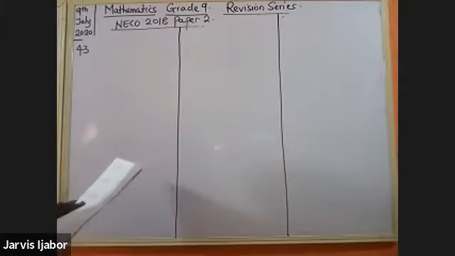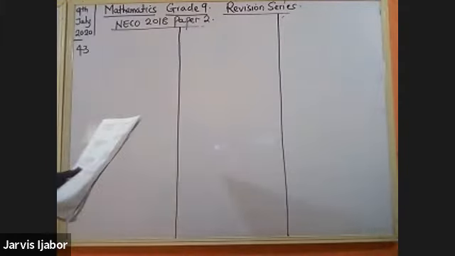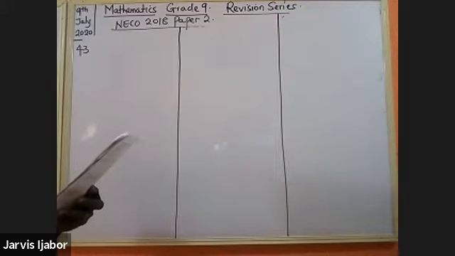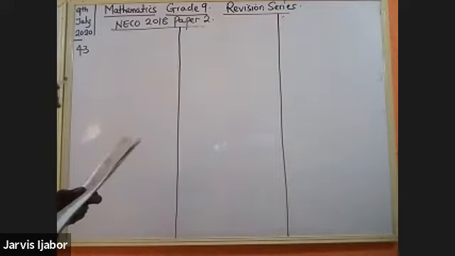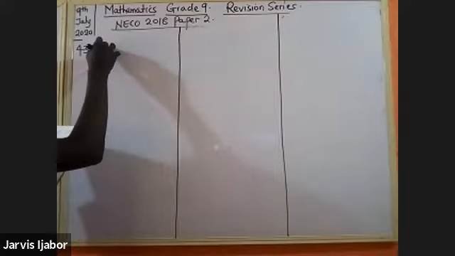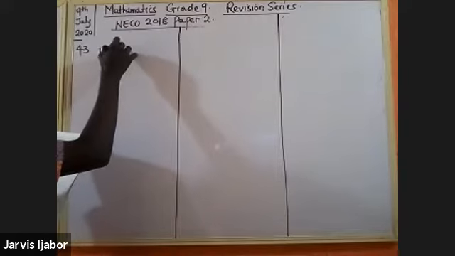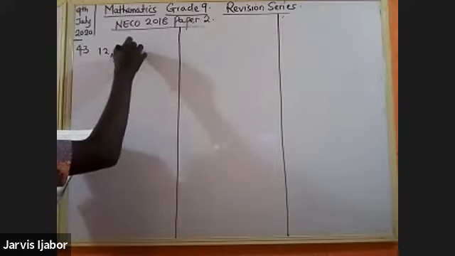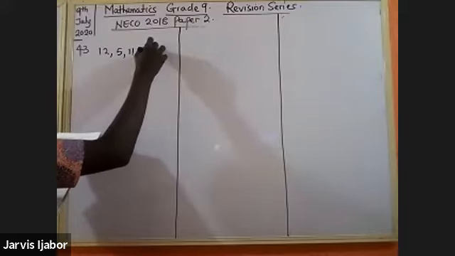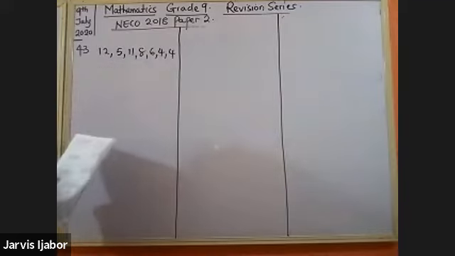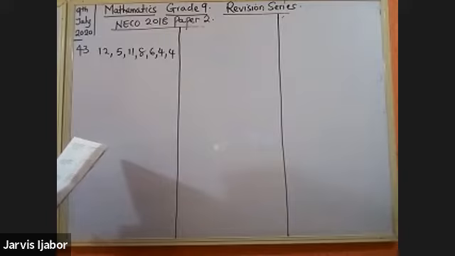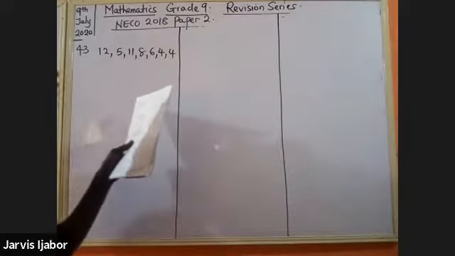In question 43, 6 students sat for mathematics examination and scored the following marks. Find the median. Now these are the marks given: 12, 5, 11, 8, 6, 4, and 4. It says 6 students, and I'm having 7 students here.